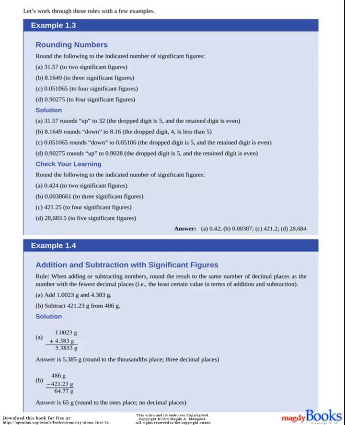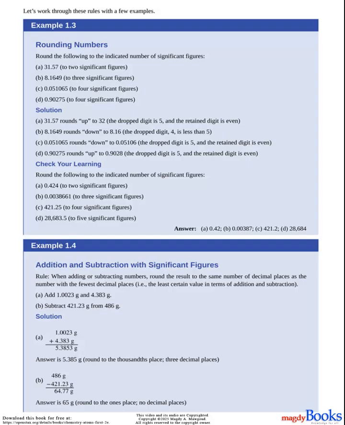D. 28,683.5, to five significant figures. Answer. A. 0.42. B. 0.00387. C. 421.2. D. 28,684.